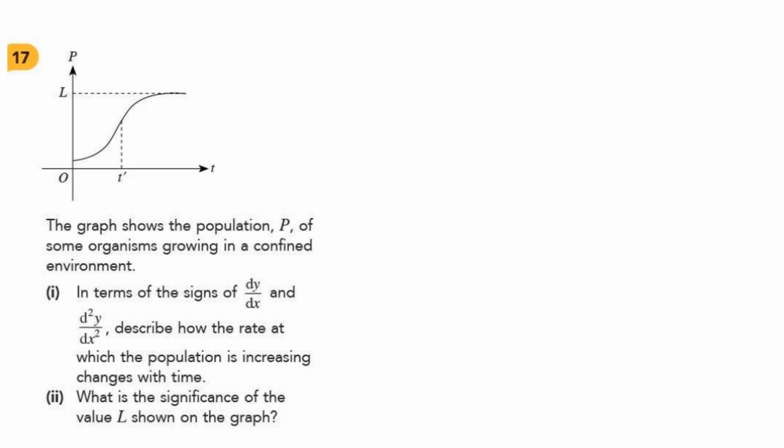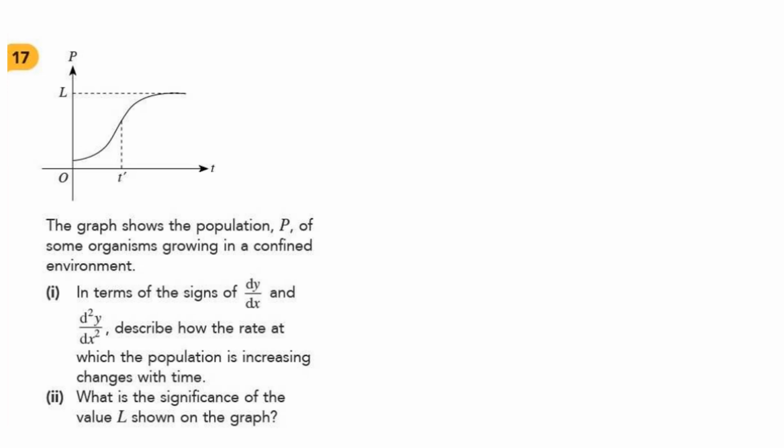Okay, so question 17, it's a very challenging question, right? It's challenging because basically it just involves a lot of explanation. And these explanations, you can only do when you have a firm concept of what is going on. It's unlike the first few questions, where you just let dy/dx equal to 0, find the stationary point, determine the nature of the stationary point. Here you need to explain a little bit more.